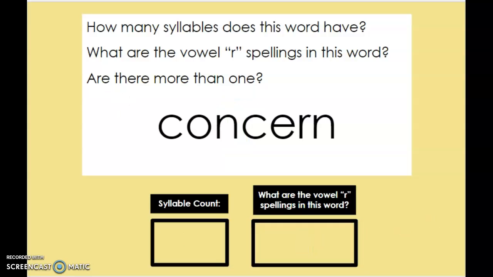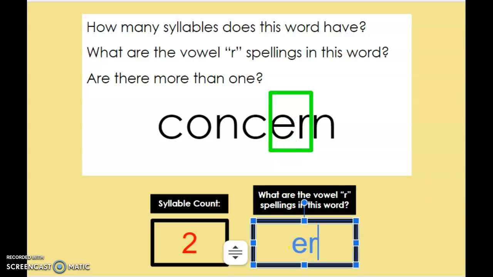Two more examples. Concern, concern. How many syllables? I count 2. And let's take a look. Right there is our E-R, vowel R spelling, with the R coming after the vowel. And that's the only one I see, E-R.